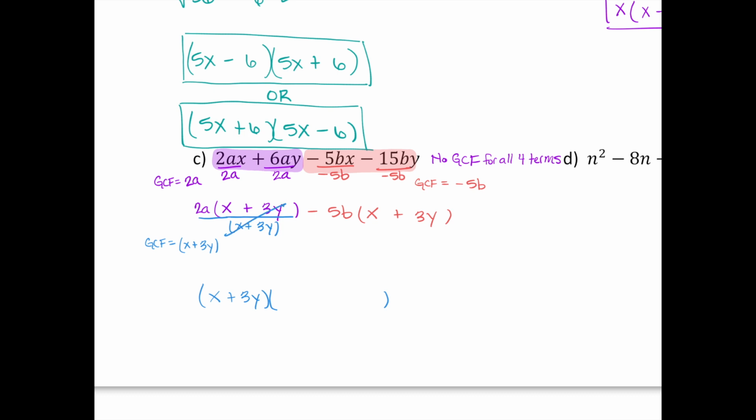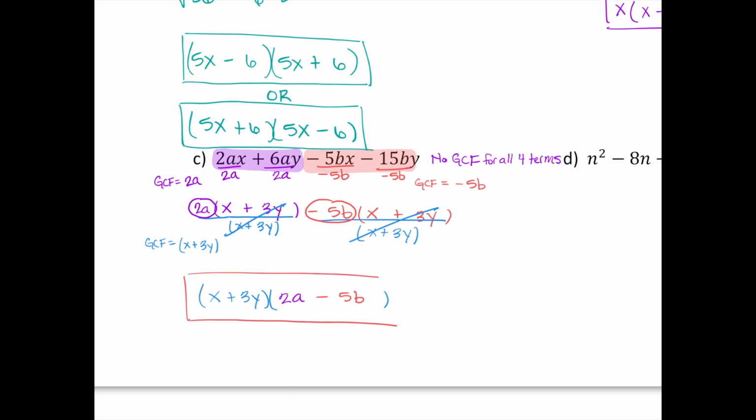Those undo each other, leaving us with the 2a, and then divide out the x plus 3y. Those undo each other, leaving us with the negative 5b. And that is our final answer.